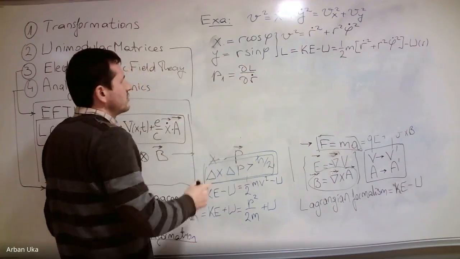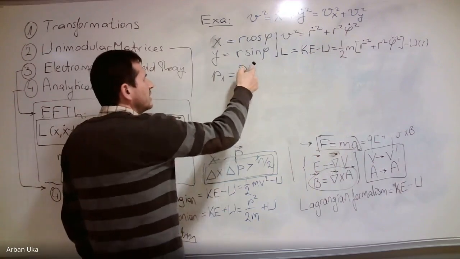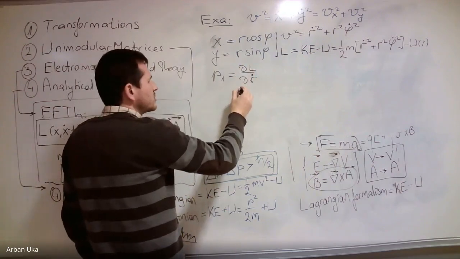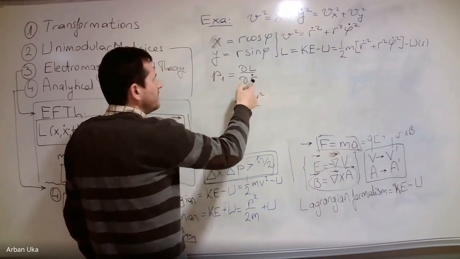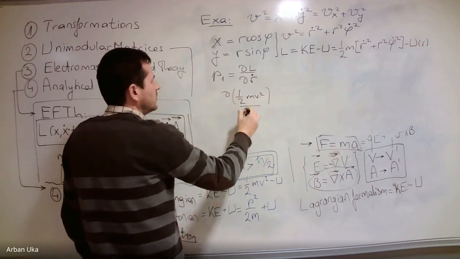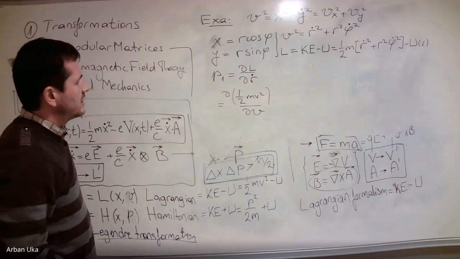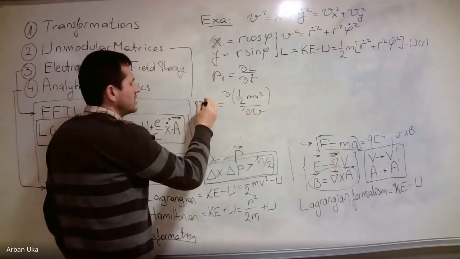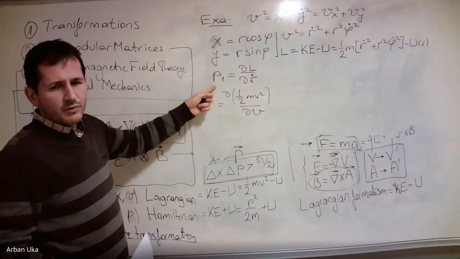Okay. So as an equivalent, this is something like this. We have L, it has the units of kinetic energy, which is 1 over 2 mv squared. This is a derivative with respect to the velocity, okay? And what we get here is mv, right? We get a linear momentum. So this is just to remind each other that this is really the momentum.